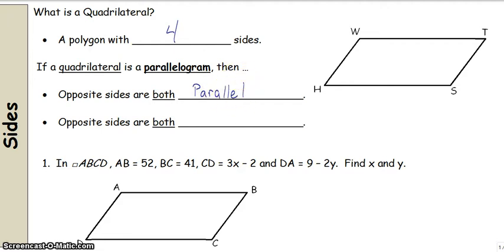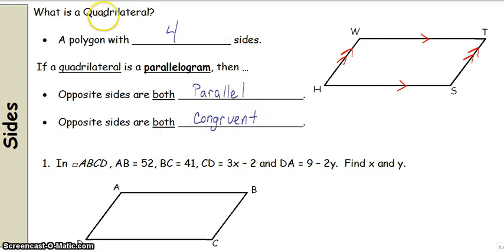So in my diagram, I could mark that by saying segment WT is parallel to segment HS, and segment WH, I'll use 2 arrows to represent a different set of parallel lines, is parallel to segment TS. In addition to them being parallel, a property of the sides of a parallelogram is that opposite sides are also congruent.